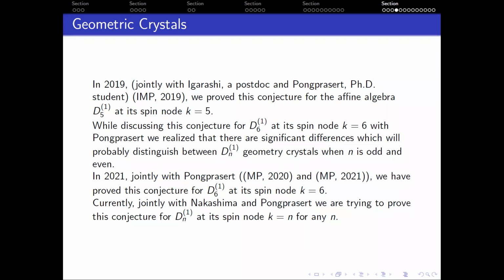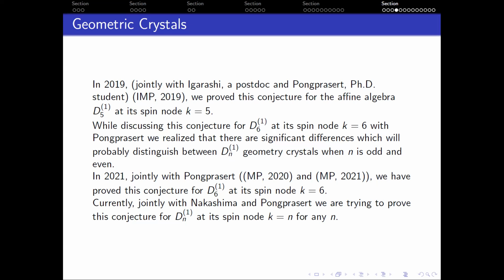And we worked on that project, and we were able to prove the conjecture for D_5 upper 1 at k equal to 5, the Dynkin node. This is the first time that k equal to 5 has a significance. It is not the usual module, it is the so-called spin representation. And this is the first non-vector representation for which we proved the conjecture.